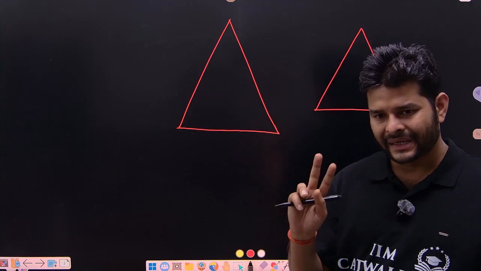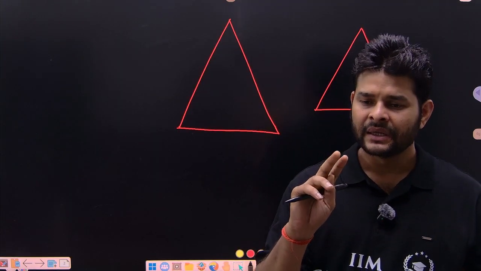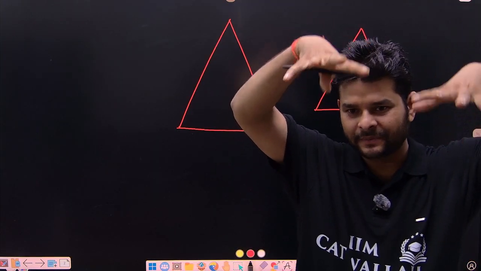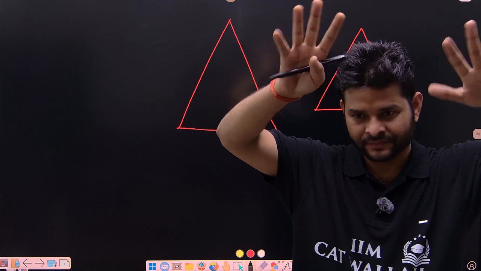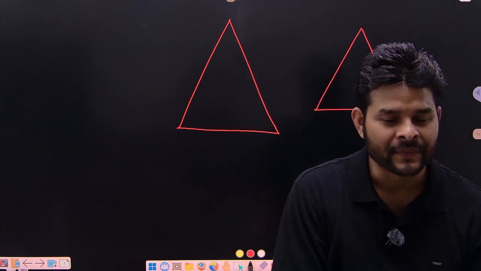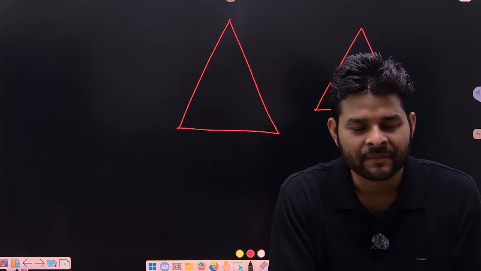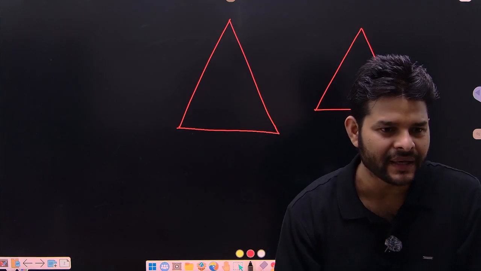If two triangles are similar, that means their shapes would be same, their size may differ. Are you getting or not? Their shapes must be same, but size may differ.